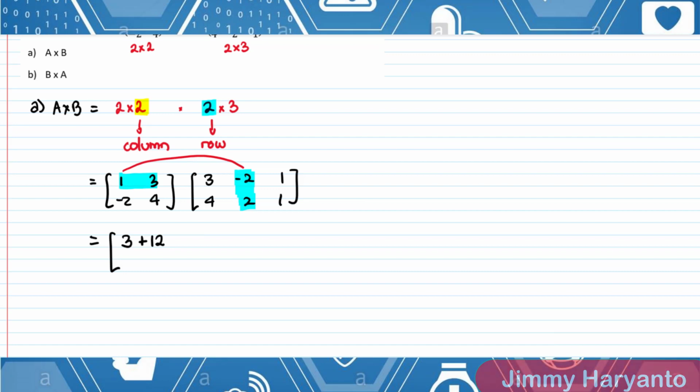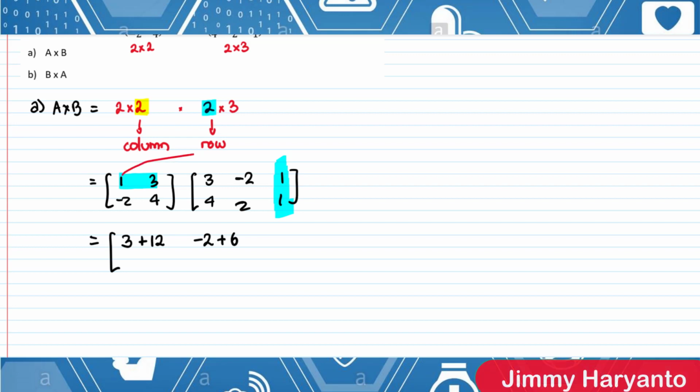1 times negative 2 and then 2 times 3. So I will write 1 times negative 2 equals negative 2, and then 3 times 2 equals 6. We have to add them. It's always add, never minus. After that, we move the column one more time, because we have the last numbers, which are 1 and 1.